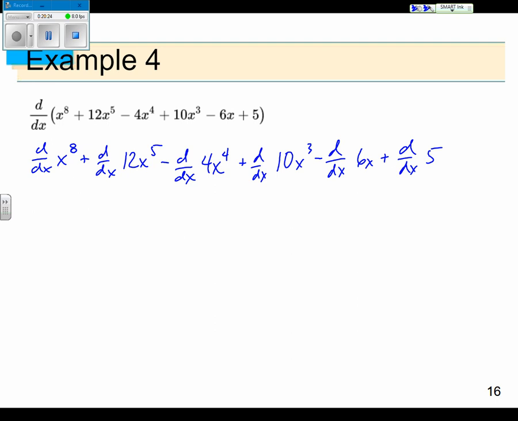So I'm going to skip this next step, bringing the 12 out in front. That constant multiple rule, it's nice and it shows you why it works, but it's going to work the same. So you and your pod buddies, you guys go ahead and take the derivative of that whole thing and then see if you match up.